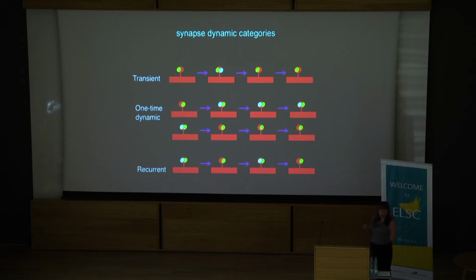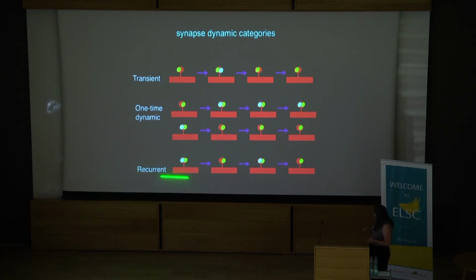This is something that we see in both cases. We also see these one-time dynamic events where we see a synapse added or a spine added, and then stabilized, or lost and then remain gone. And this, again, is common to both the excitatory and the inhibitory type of dynamics.